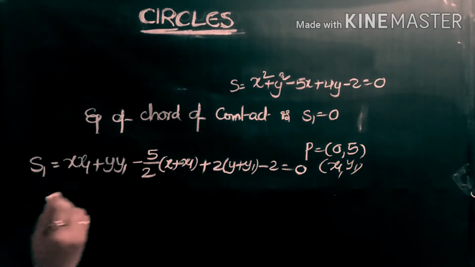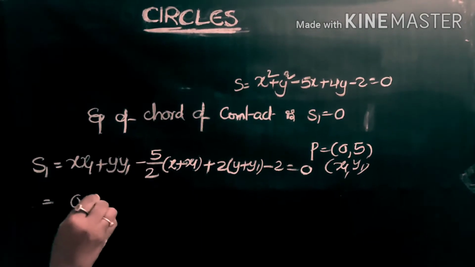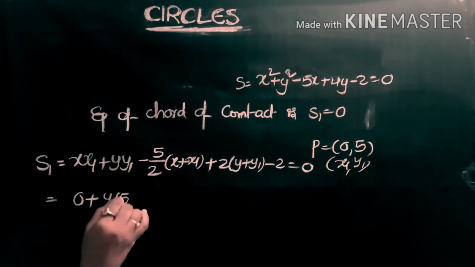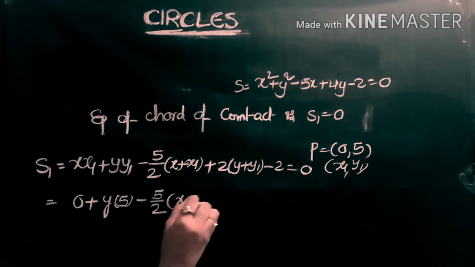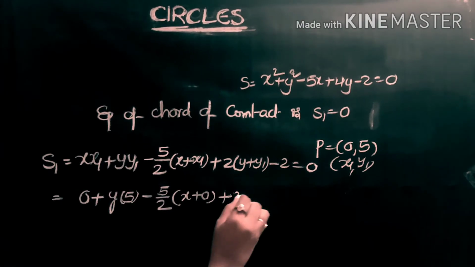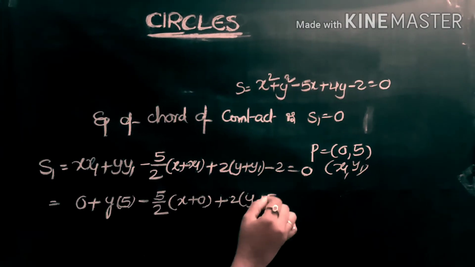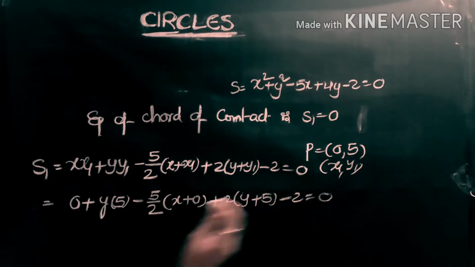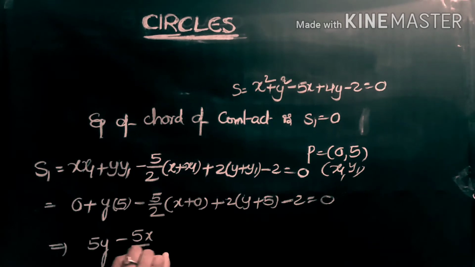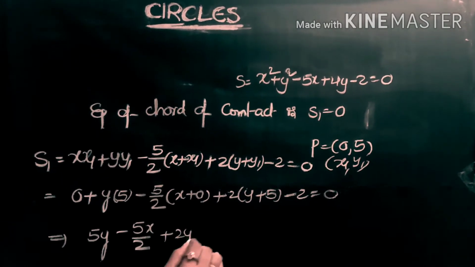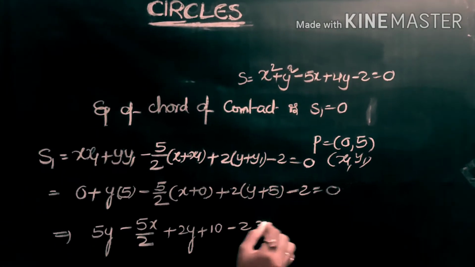Now substituting the values: x into 0, 0, plus y into 5, minus 5 by 2 into x plus 0, plus 2 into y plus 5, minus 2 equals 0. That is 5y minus 5x by 2 plus 2y plus 10 minus 2 equals 0.